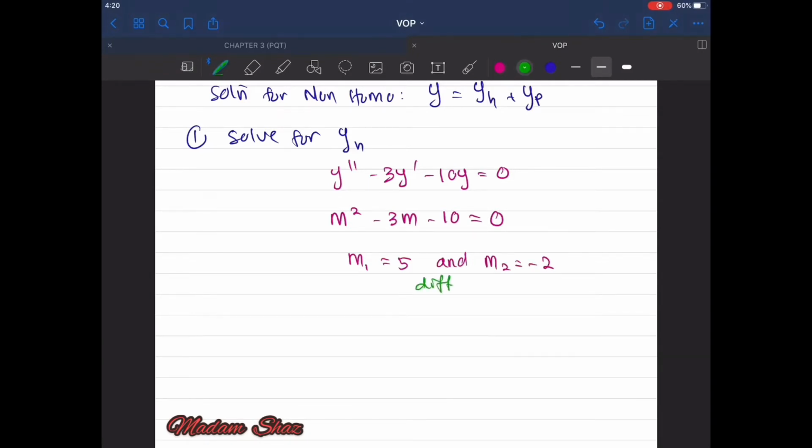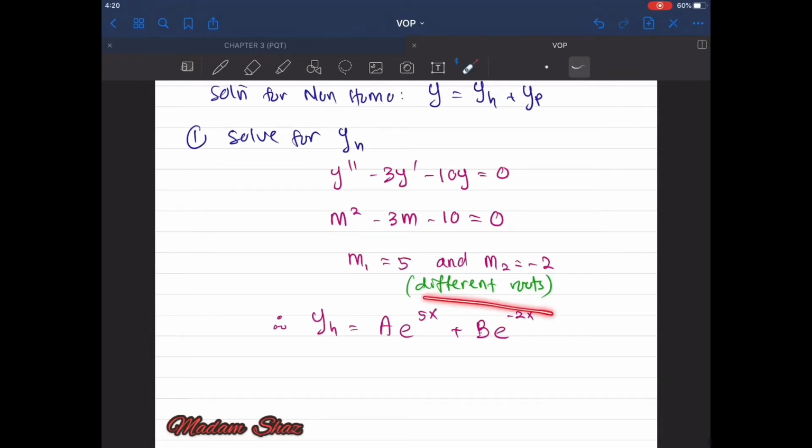This is different roots. So how do we write our solution based on different roots? Therefore yh is equal to a exponent 5x plus b exponent negative 2x. This is the solution for the homogeneous equation, which is the solution for the yh.